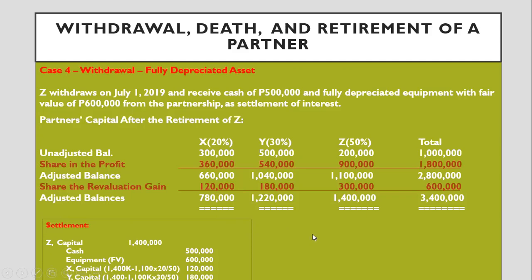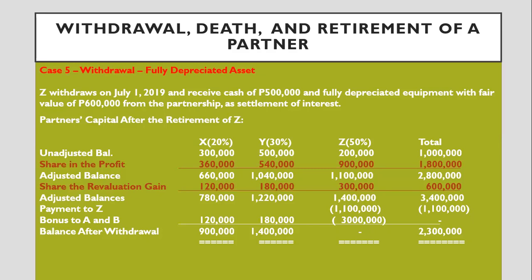Okay? Why? Because if we're going to compare, the adjusted balance of Z is 1,400,000, but Z was only paid how much? 1,100,000.